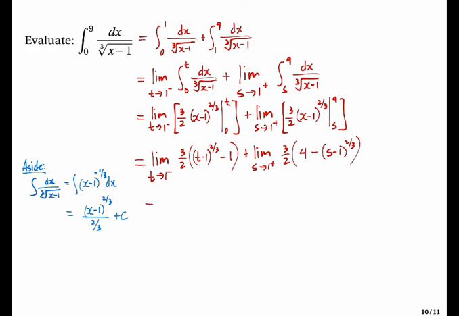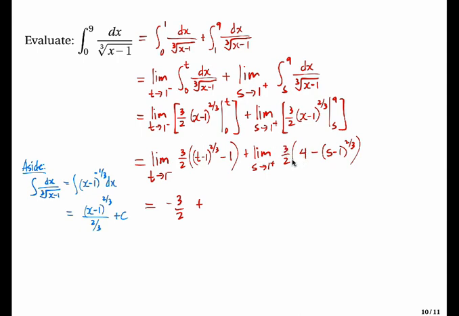So, passing to the limits, here t goes to 1 from the left, this will disappear. This will go to 0. So we will only have 3 halves times negative 1, so minus 3 halves, then plus, as s goes to 1 from the right, this will go to 0. So we'll just have 4 in here.